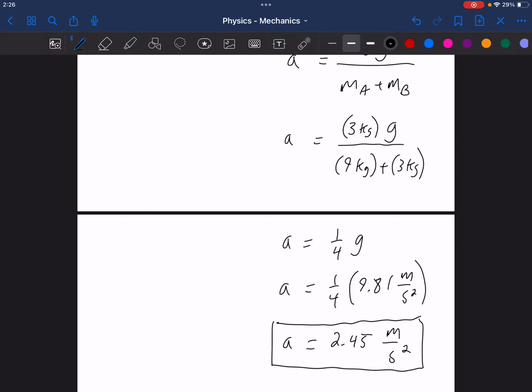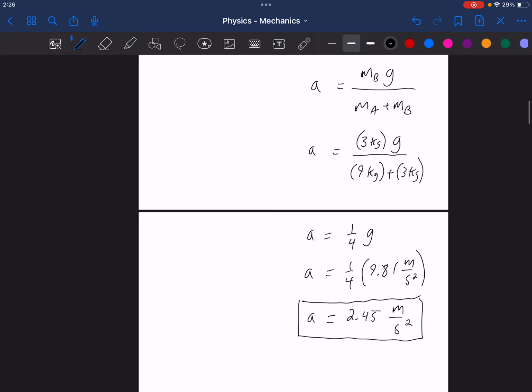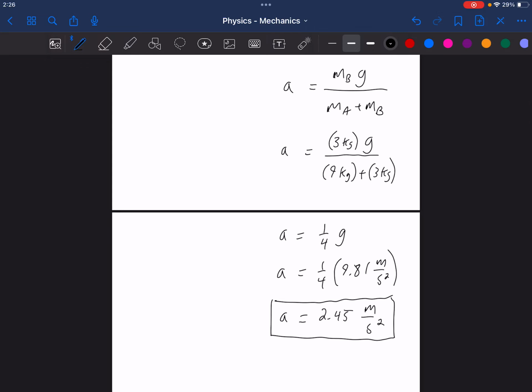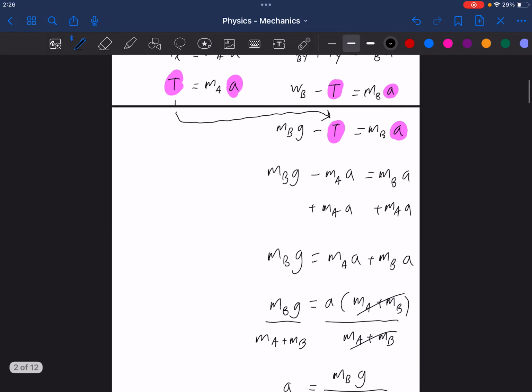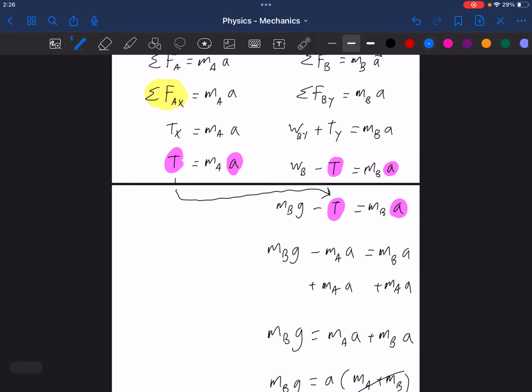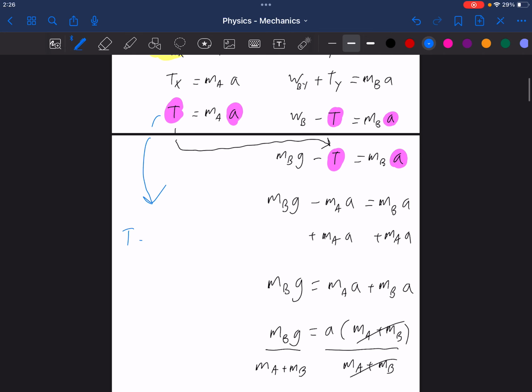Okay. Now that I know my acceleration equation, it's pretty easy to find my tension because we generated these equations before for tension. So for example, I could take this equation and just plug into it now. Tension is the mass of A times acceleration.